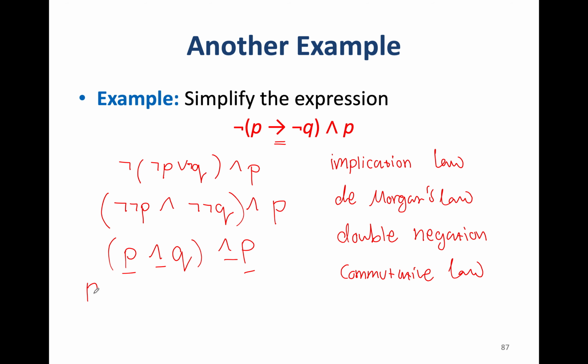So here we've got P and P and Q. Now P and P, using the idempotent law, is equal to P. So here we've got P and Q. And here we reach the simplest form of the following expression.